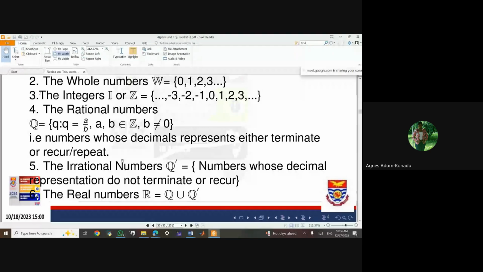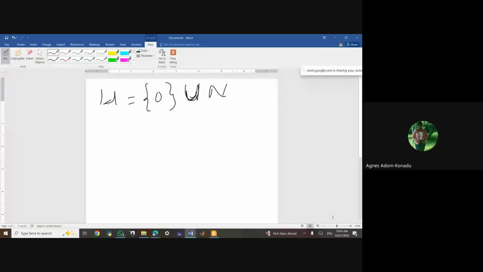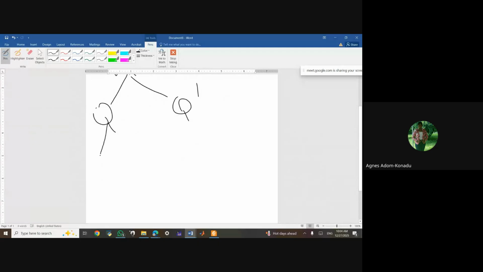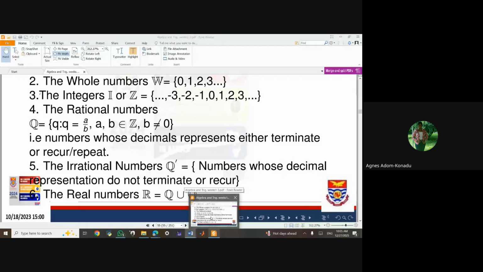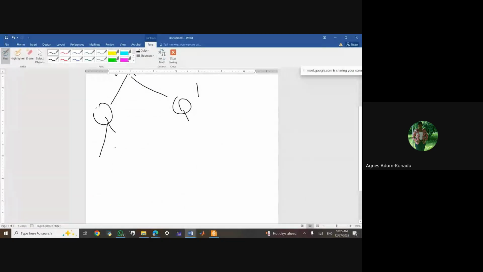So when I pick R, I have my R, and then under R, I can have my Q and then Q prime. Under my Q, I can have integers.